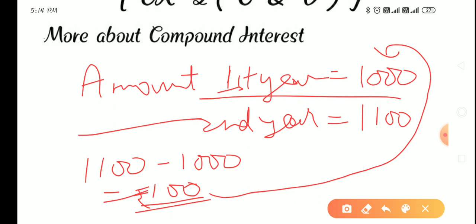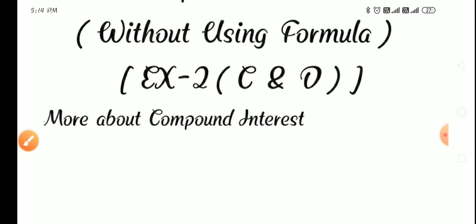Now some questions from exercise 2C I am going to take to clear the concept. And exercise 2D is the miscellaneous exercise.